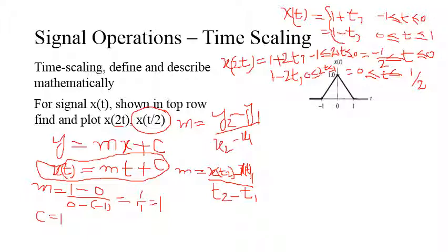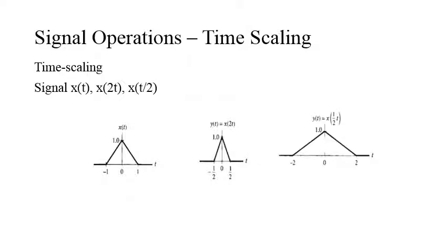So scaling by a factor of 2 will compress it, whereas scaling by a factor of 1 by 2 will expand it. For both cases, I have plotted the resulting signal here, and I want you to do the second part by yourself.